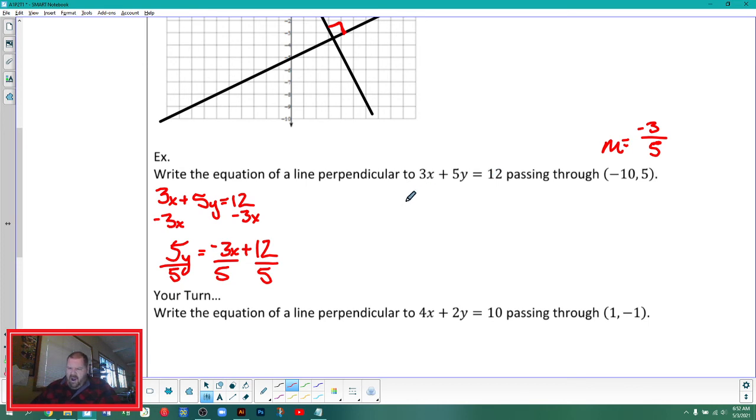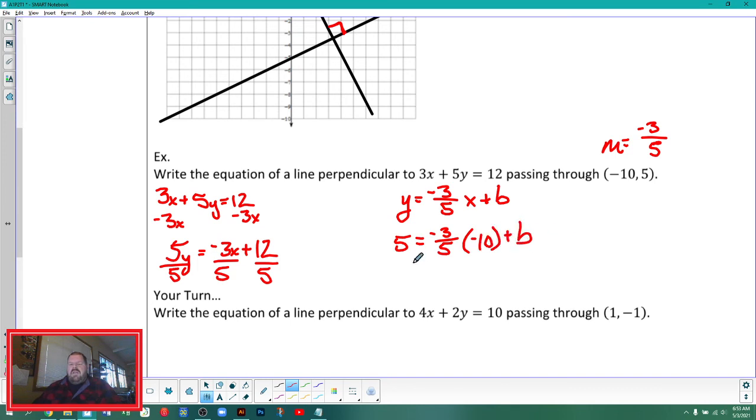Sorry, I'm having a tough time this morning. I get y equals negative 3/5 times x plus b. Plug in my x for x and y for y. So my y is 5. My x is negative 10.